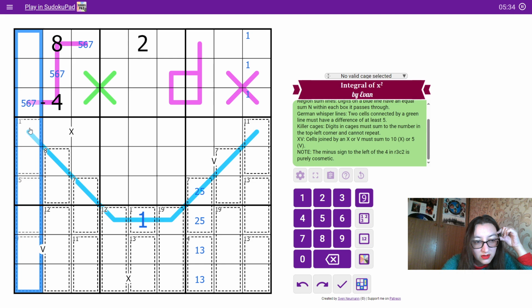Similar thing on this side, I think. So we have 11 and 9 add up to 20, and 15, making it 35. So those 3 digits add up to 10. So can there be a 6 or 7 in the 10 cage?